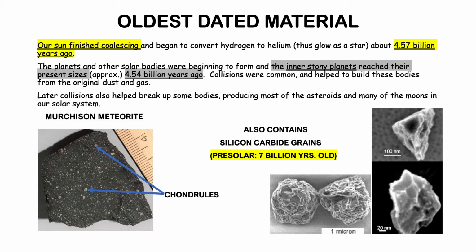Silicon carbide is a hard material, does not occur naturally on Earth, but we manufacture it. Because it's so hard, we use silicon carbide as an abrasive, and some types of sandpaper you can buy use not just regular sand grains, some use silicon carbide. But here it is in Murchison.